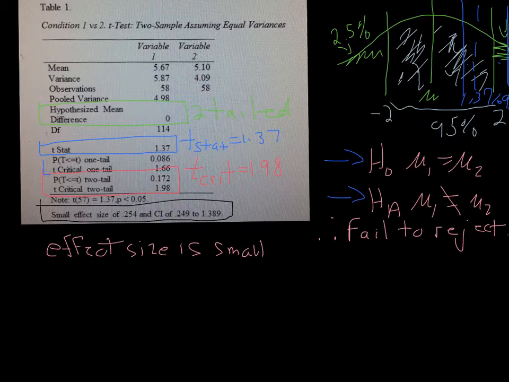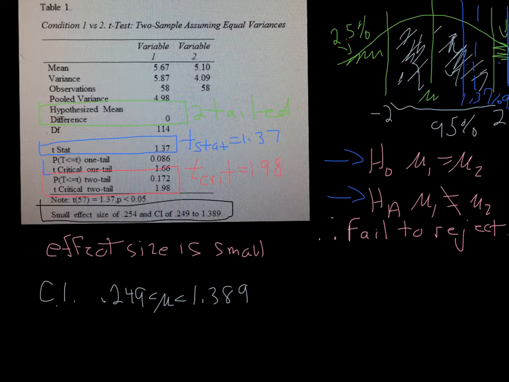The other thing that they give you is your confidence interval. They don't state it, but it looks like a 95% confidence interval, and they're saying that it is 0.249 to 1.389. Basically, you stick a little mu in the middle there for your mean value. The confidence interval is just telling you the range of values likely to contain the population value, how many of the data will fall into this group.